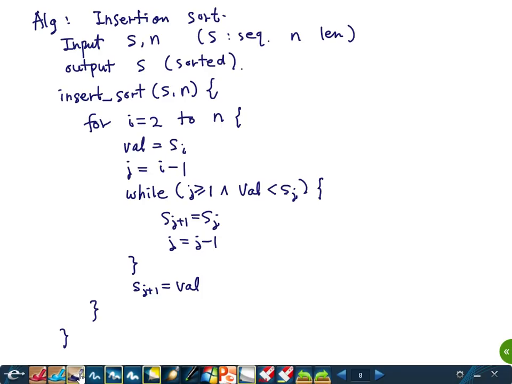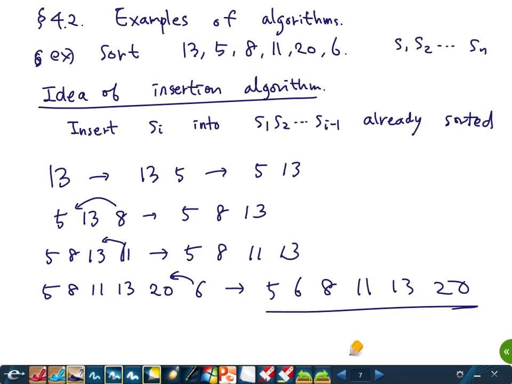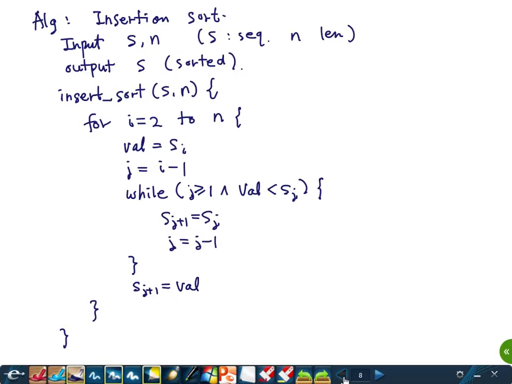This is doing exactly the same thing that we did over here, only in this pseudocode language. So here we sort S1, S2, dot, dot, dot, Si minus 1. We sort the first i minus 1 elements, and then we are going to insert Si somewhere there, so that the result will be a sorted sequence of the first i numbers, right? So how do we do that?